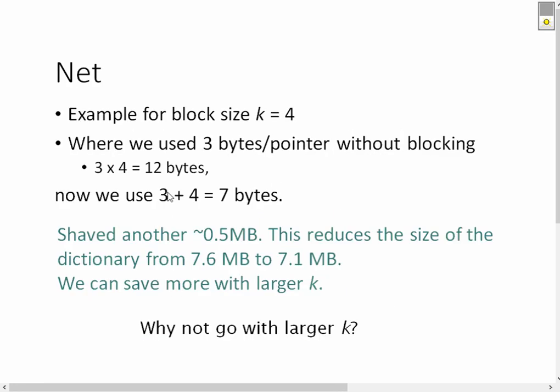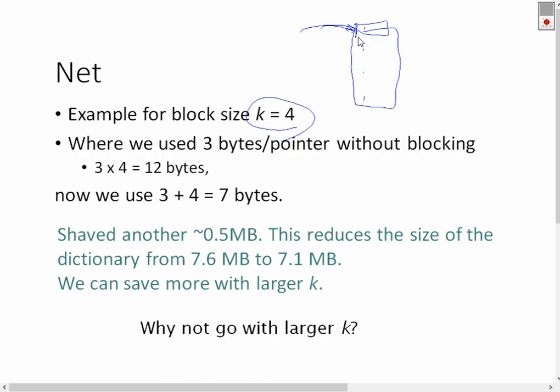And again, just some math around what that looks like and what the impact might be on the size of the block. So in other words, in this particular case, k equal to 4 basically says, instead of having a pointer to every single postings list, I'm going to have a pointer to 1, right? I'm going to have a pointer to a postings list, and that postings list will actually cover maybe 4 terms.